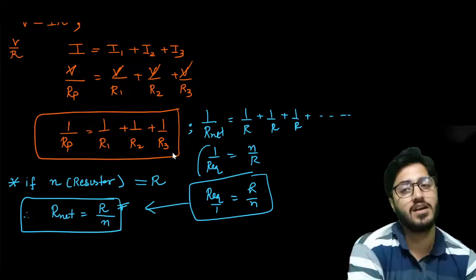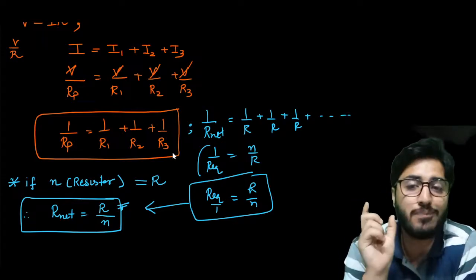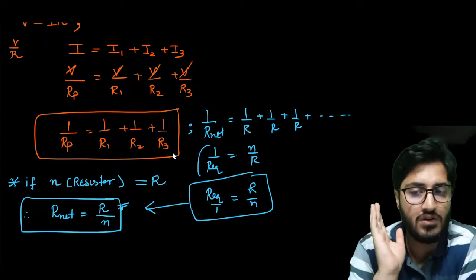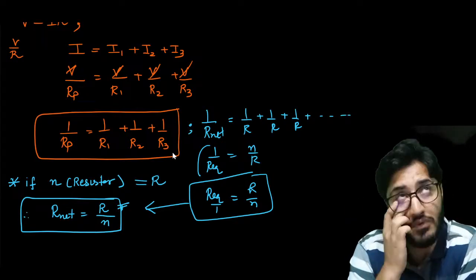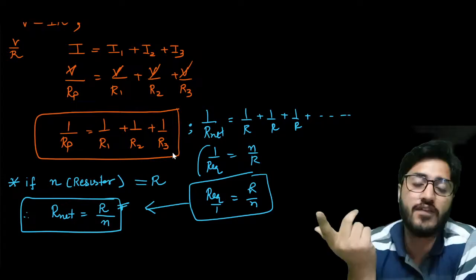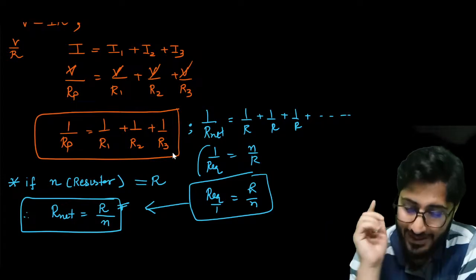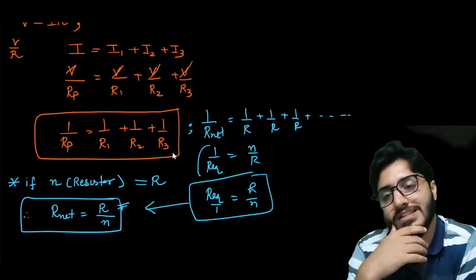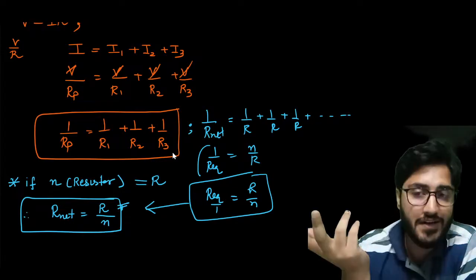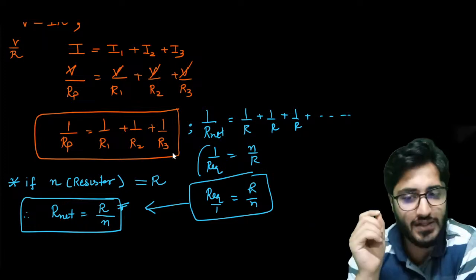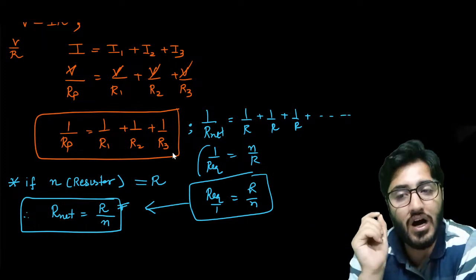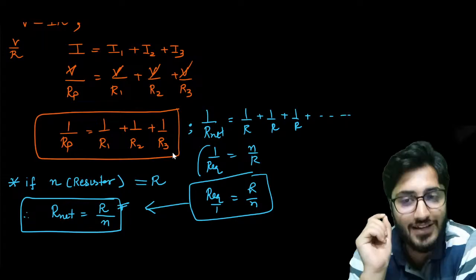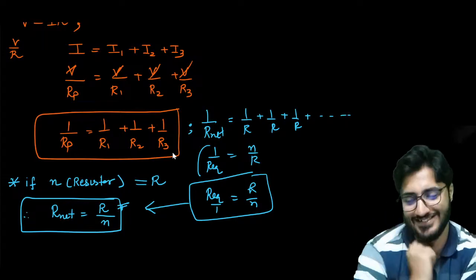Okay. Now, in the previous case, we know that potential gets divided. So we came across a formula by which we find the potential. But in this particular case, what divides? I guess current gets divided. So now we are going to find out the equation by which I will get my current.